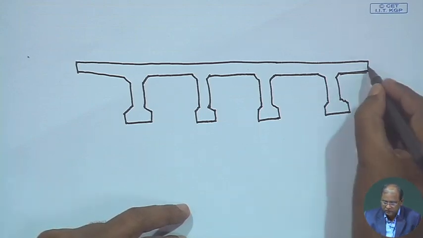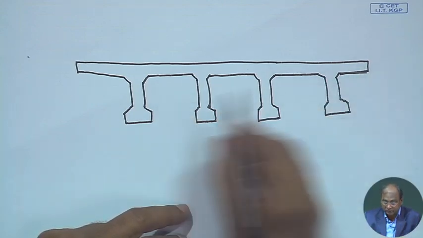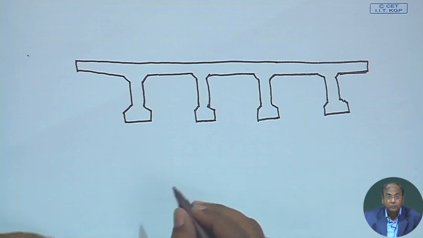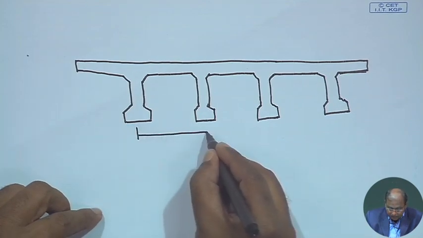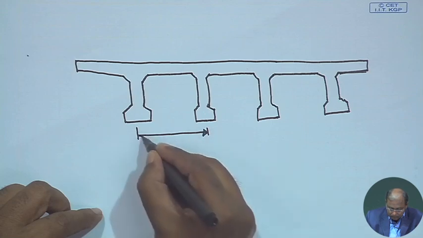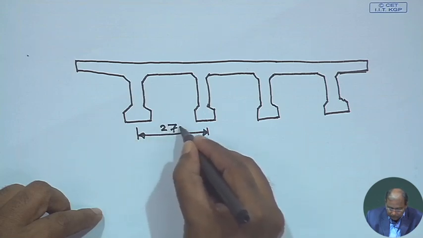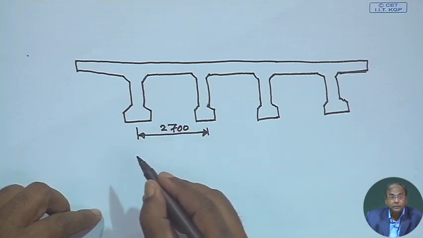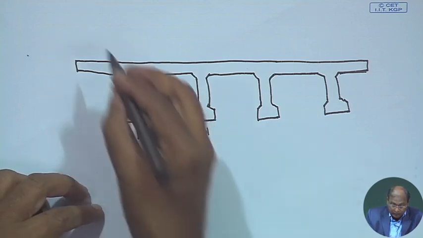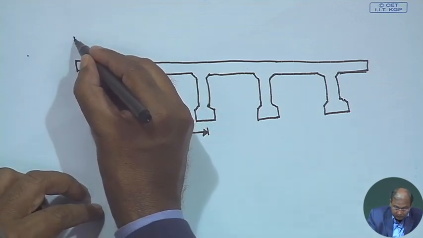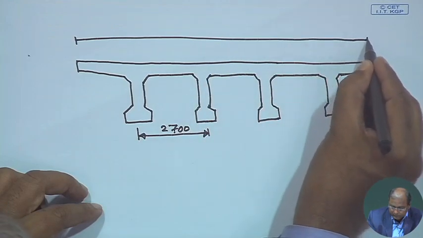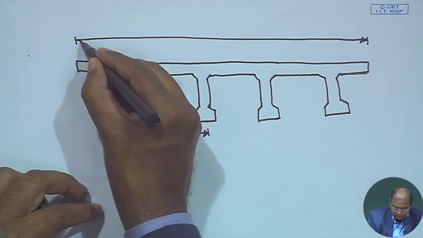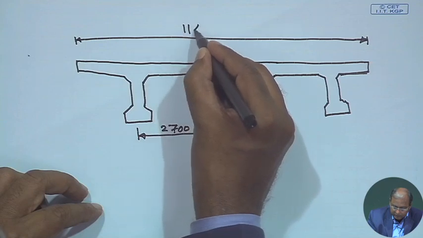This one will go a little more, but anyway. So, we are giving this particular spacing 2700, and the total width 11,400.